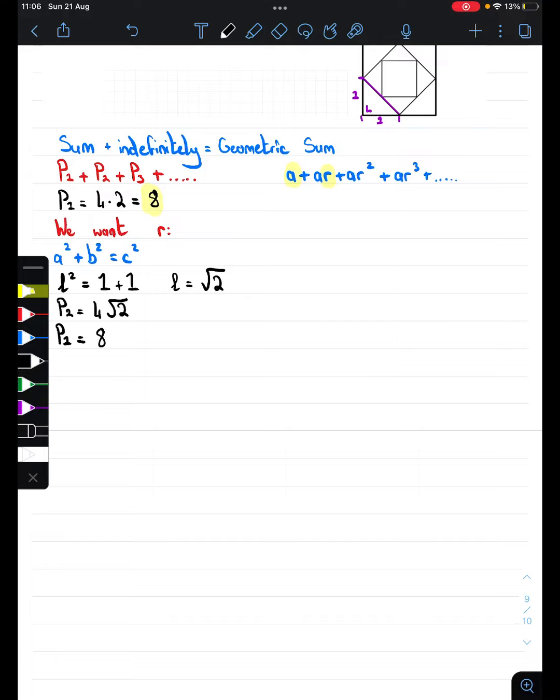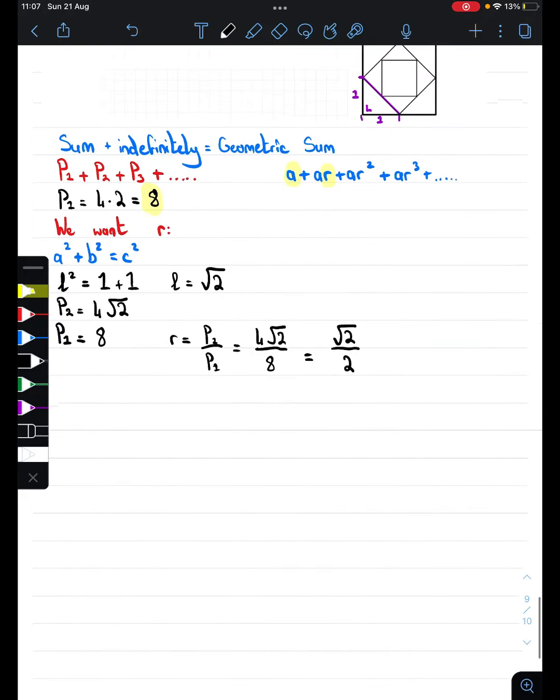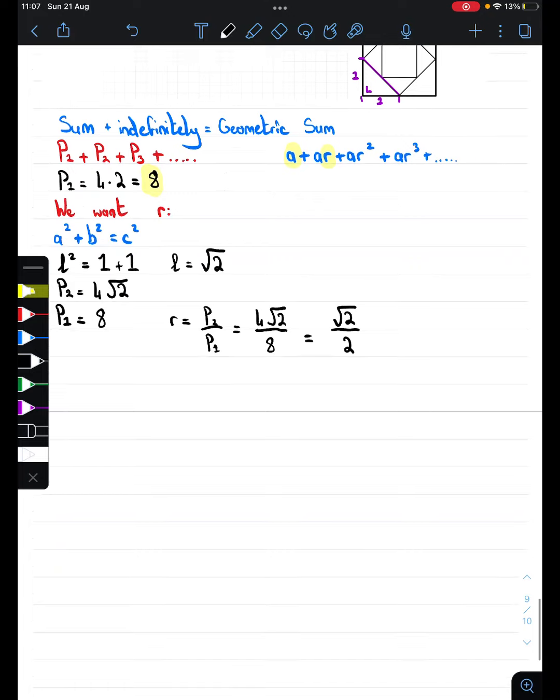So, well, what's the ratio between them? So P2 over P1, our ratio is 4 root 2 over, oh, sorry, over 8, which is just square root of 2 over 2. So that's the ratio between the perimeters of these squares.